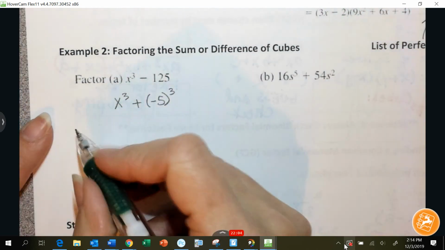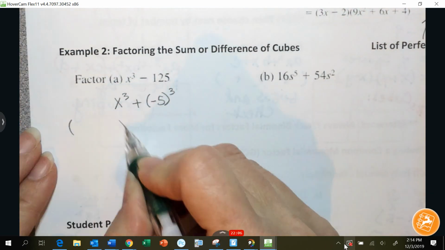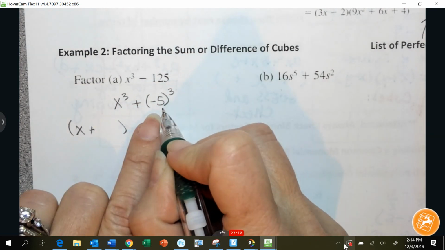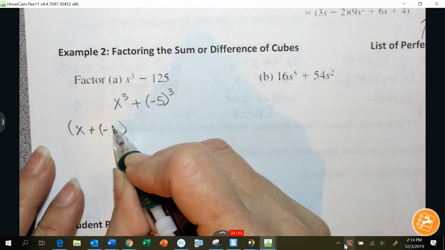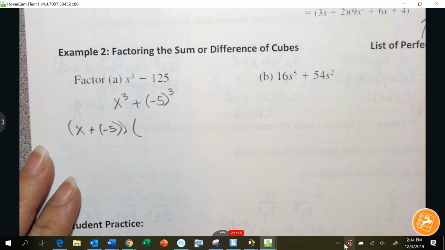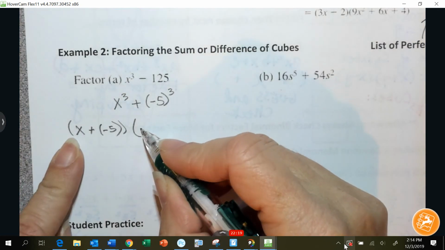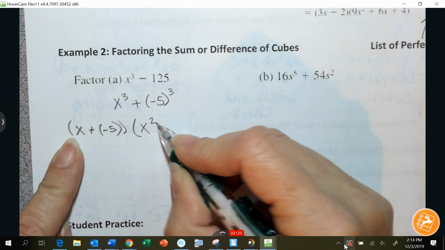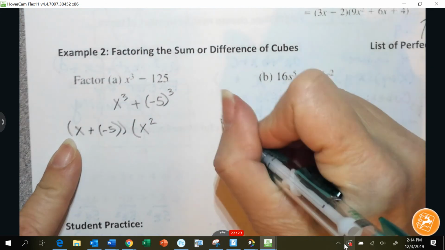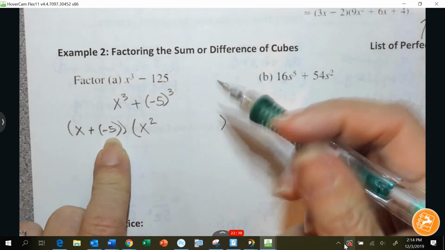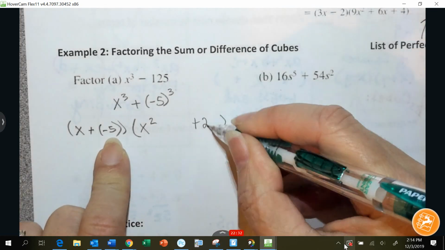So we're going to use our formula that says, what was cubed? x. Plus what was cubed here? Negative 5. And then my other parenthesis: the first term is to square that first term, x squared. My last term is to square negative 5, which is positive 25.